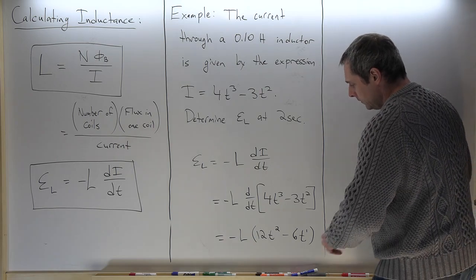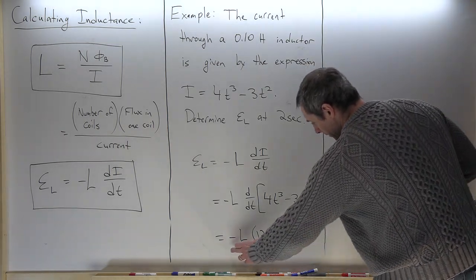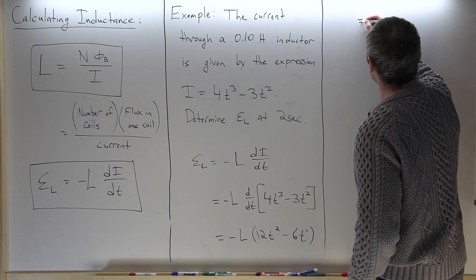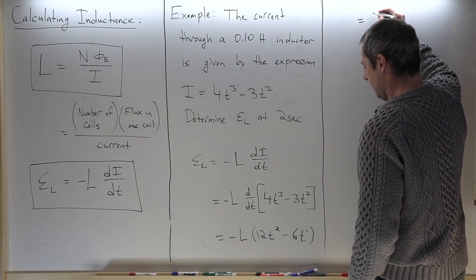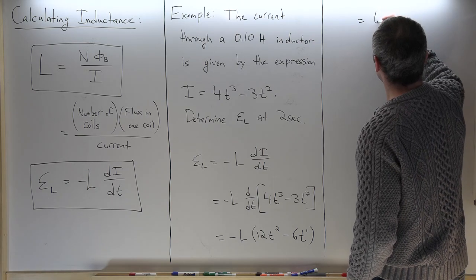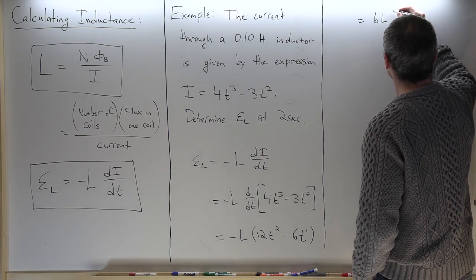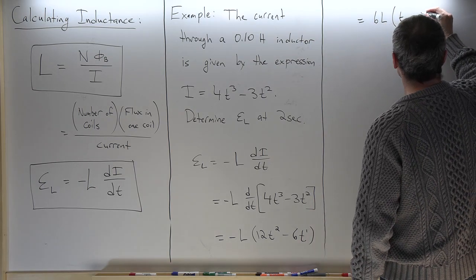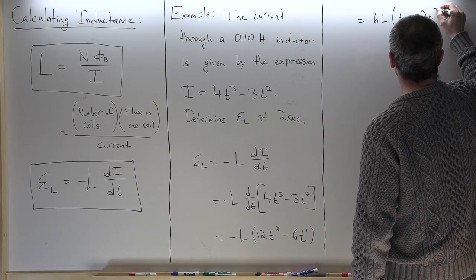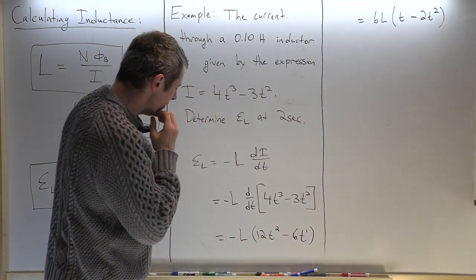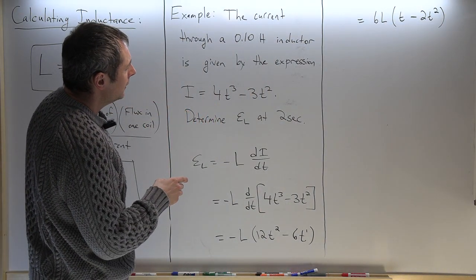Continuing on, I could distribute the minus sign. Should I factor out a 6? Why not? 6L times t minus 2t squared.